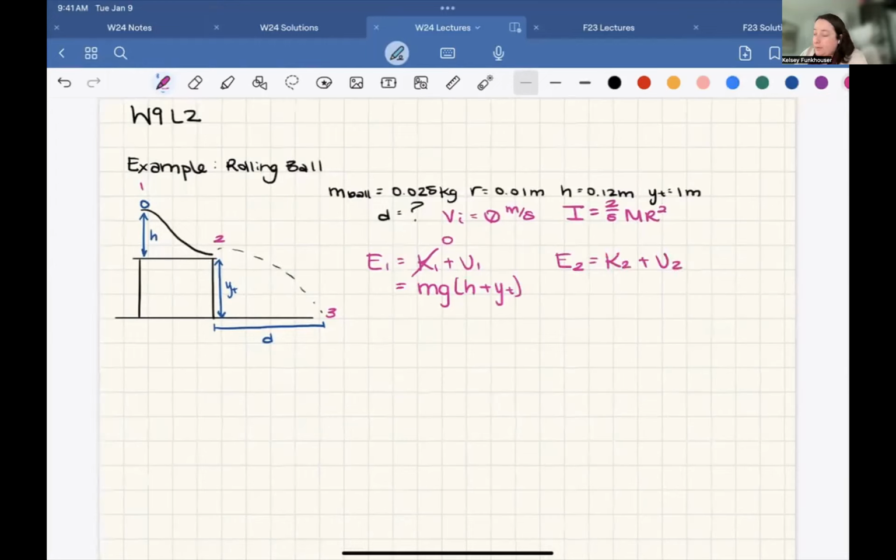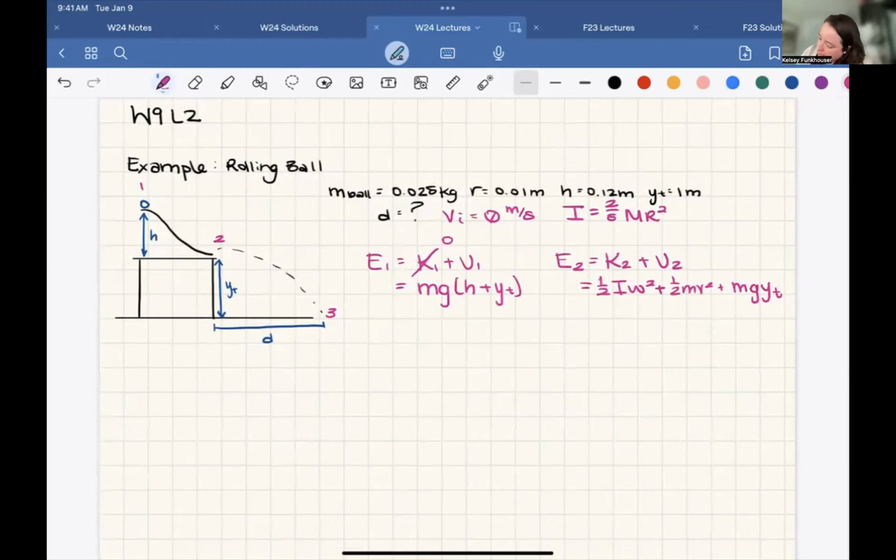Hopefully I have enough room. I'll try and write smaller. So this is where we have to take into account that we're rolling. So it's 1/2 I omega squared plus 1/2 mv squared, and then plus mgy, the height of the table.